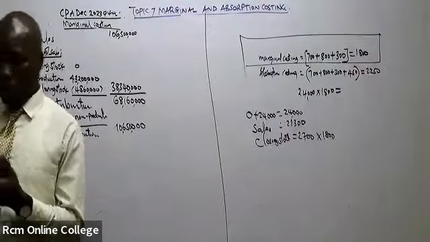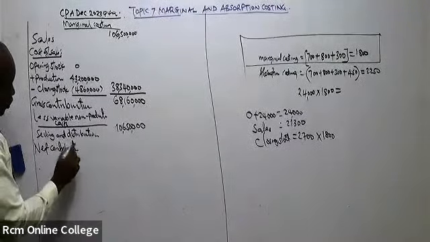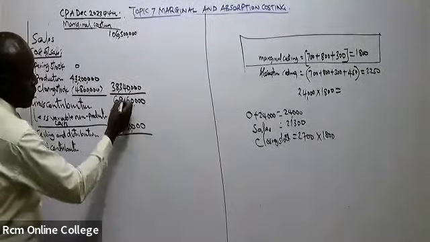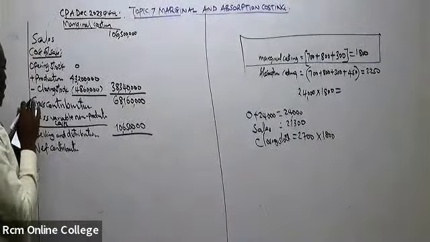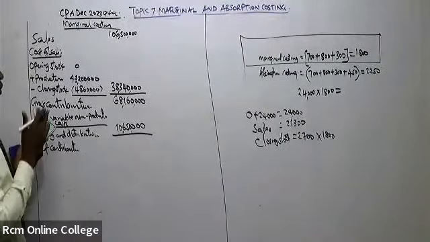So once we less that, we'll get what we call net contribution. So net contribution ni ngapi? 68,160 minus 10,650. And let us do that very fast, please. I want to end this class when we are done with this question.